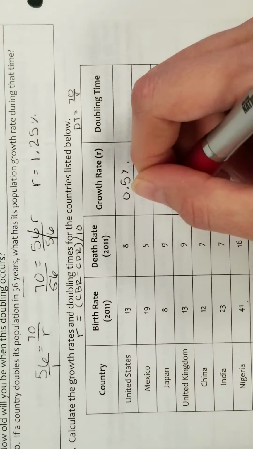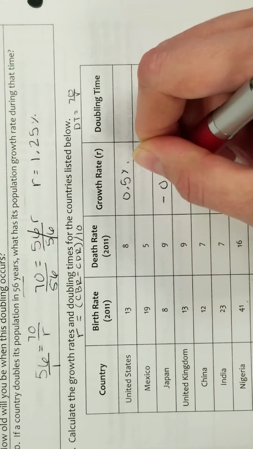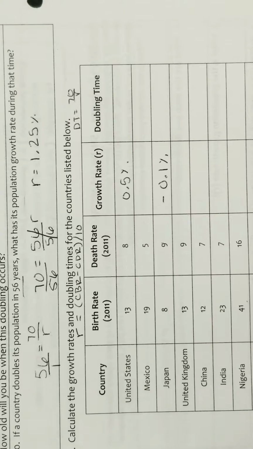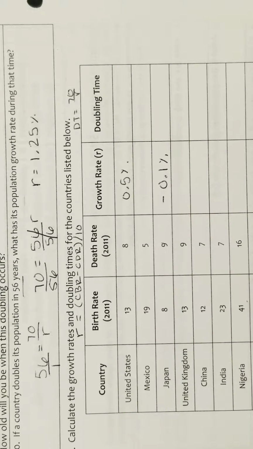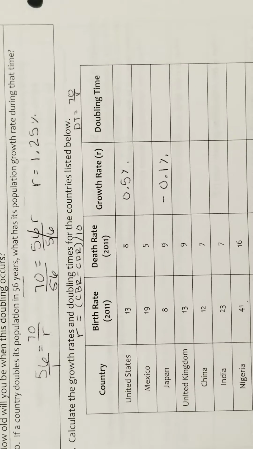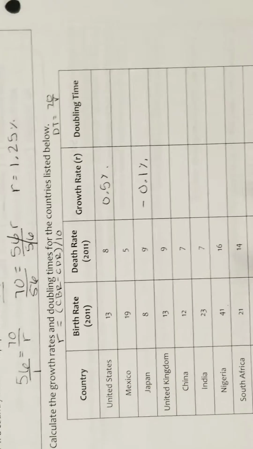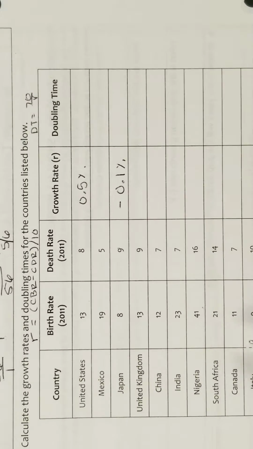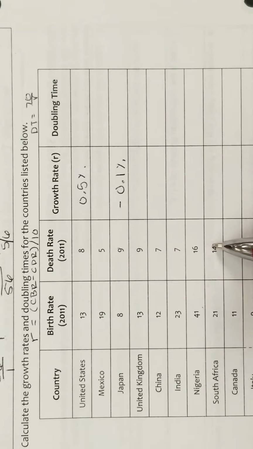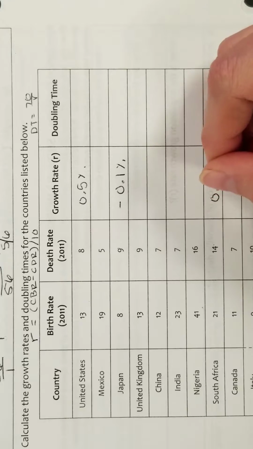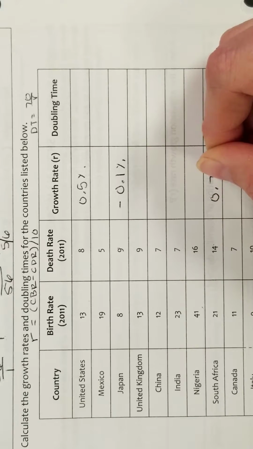This would give us a negative 0.1%. Okay, let's look at South Africa. 21 minus 14 divided by 10, 0.7%.